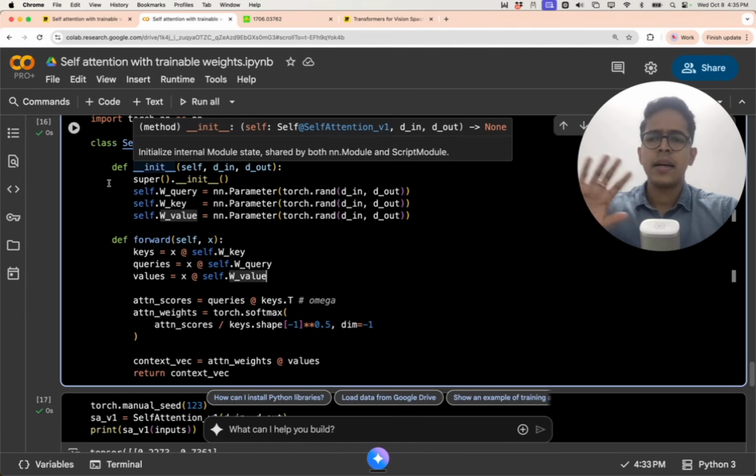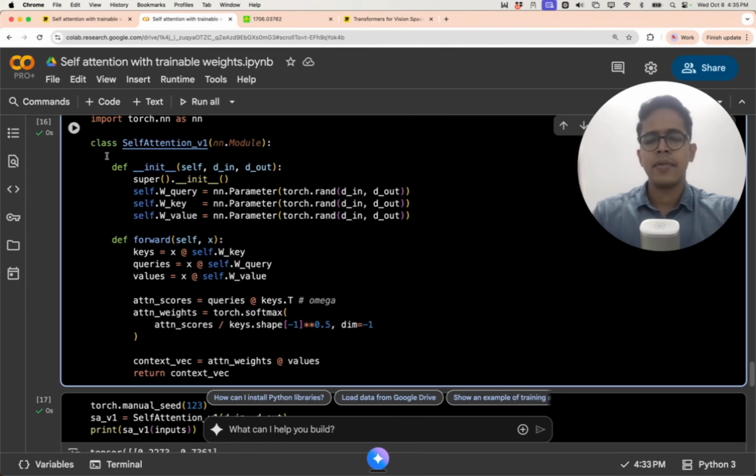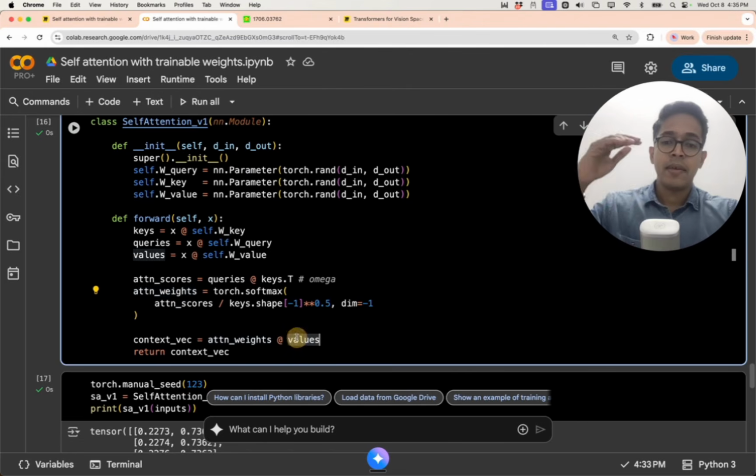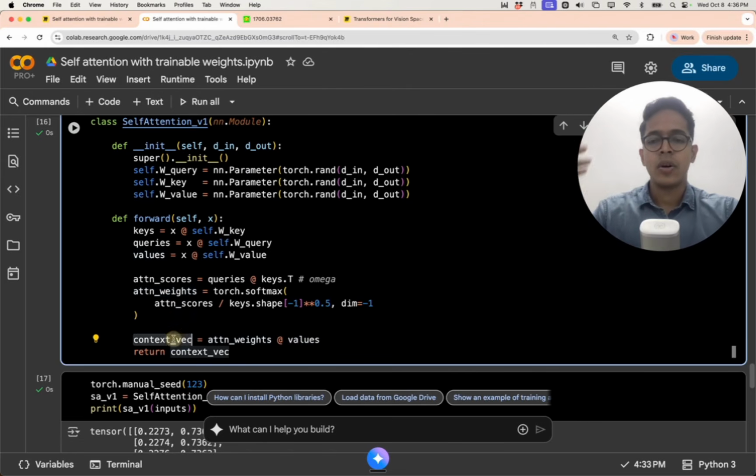That's the reason why in Python, many libraries define functions inside classes, so that you can create instances of those classes as objects and use them many times. Then attention scores are query multiplied by key transpose. For attention weights, attention scores are divided by square root of D, and then you take softmax. And then attention weights are used to multiply with the value matrix to get the context vector. That's how you get the context vector.